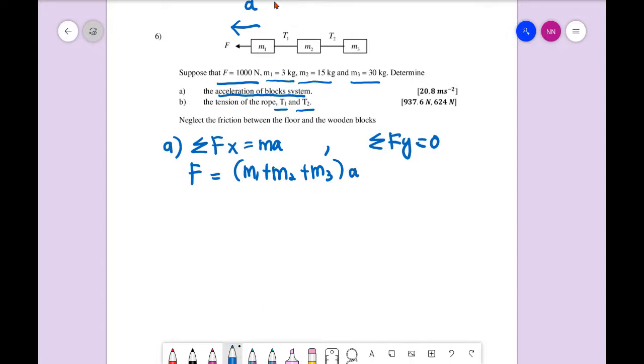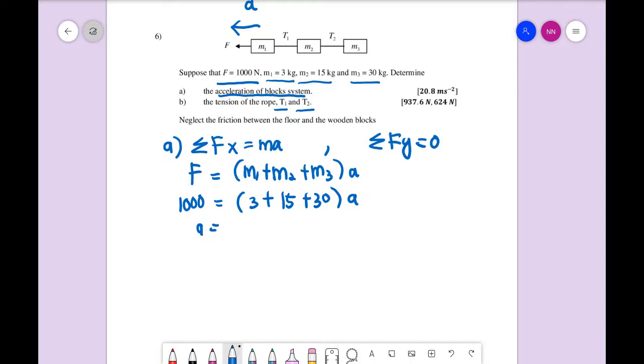So these three masses will move with the same acceleration A. Substitute F 1000 Newton, M1 3 kg, M2 15 kg, and M3 30 kg. Mass must be in unit kilogram. A is the unknown that you have to find.